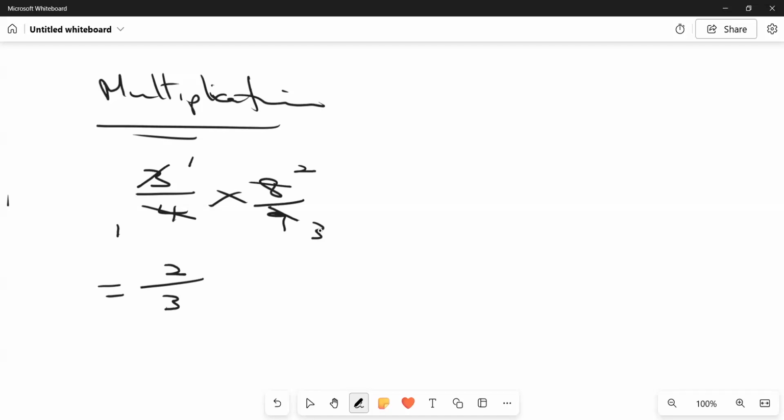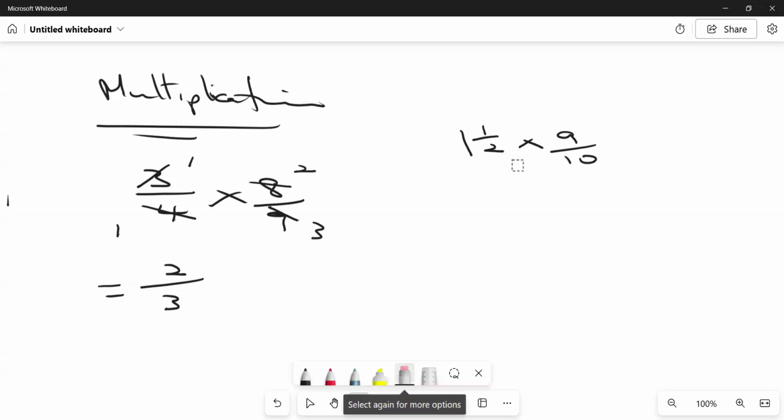When you have mixed numbers, things get a little complicated. So you've got 1 and let's say a half multiplied by, let's go with 9 over 10 maybe. No, let me not go with 9 over 10.